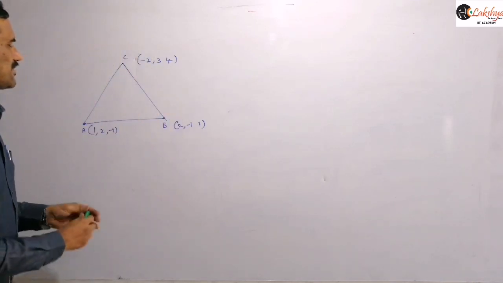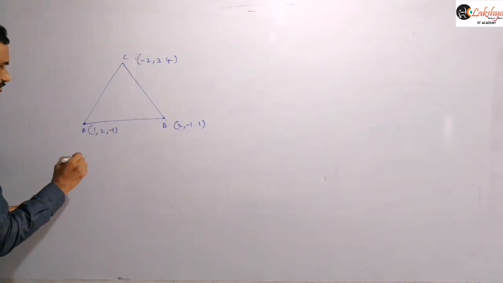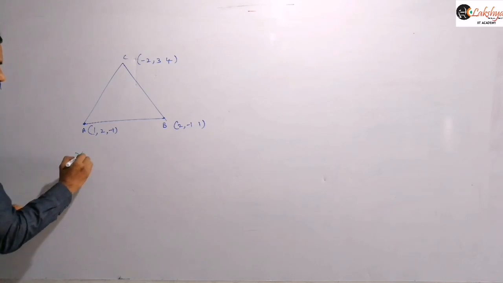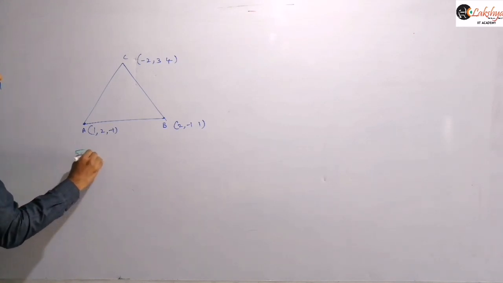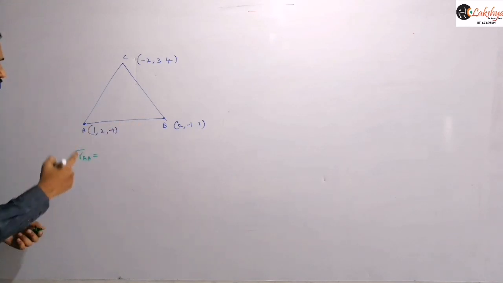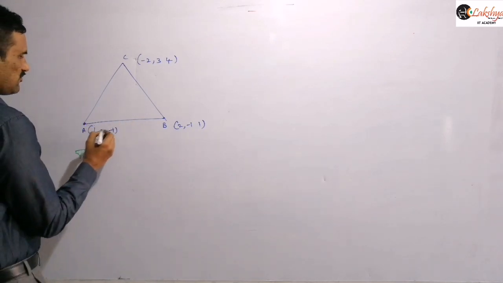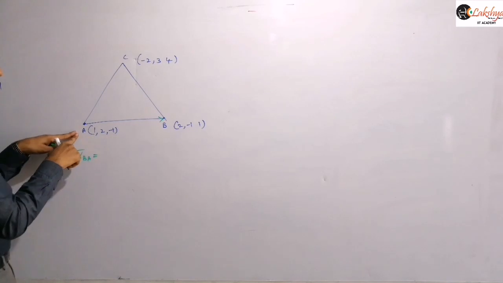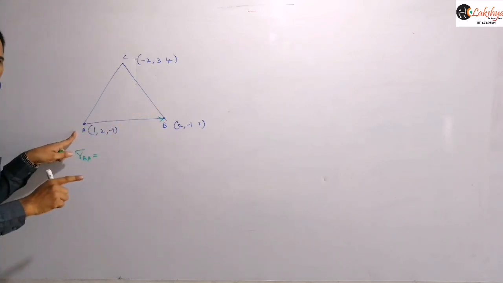Now let us write this, I am writing R_BA bar. If you are taking this as a reference, you need to write R_BA bar. Then its direction will be along this direction, away from our reference, right?